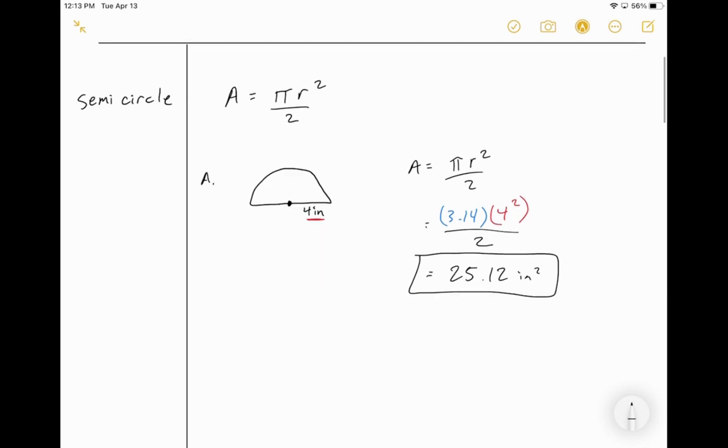Let's give you guys one more of these semicircles to do on your own here. This time the whole thing will be 10 feet. The whole thing across, 10 feet. Can you figure out what the area of the semicircle is? You put in the chat once you think you got it.